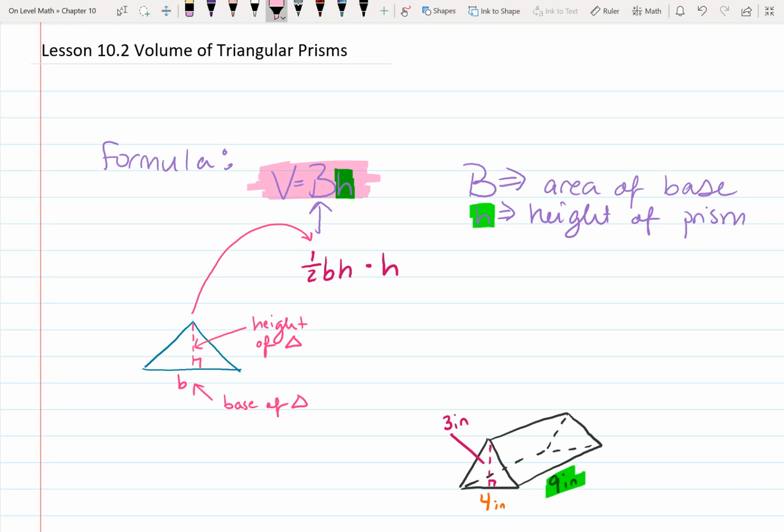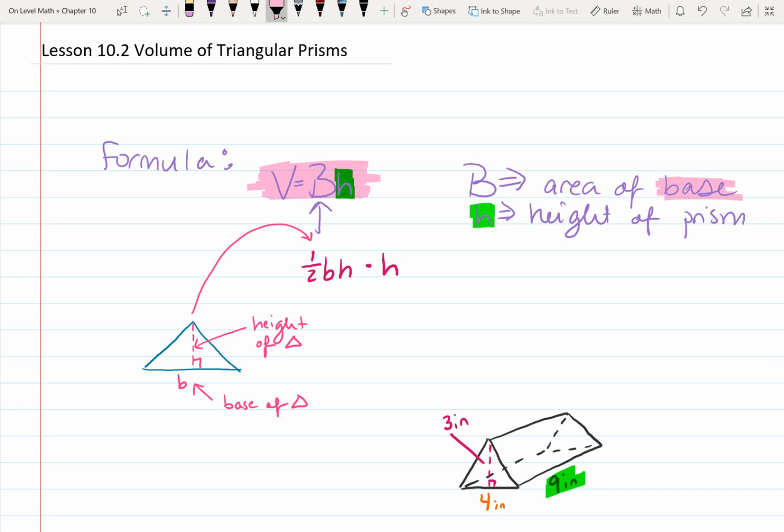Now, the breakdown of that formula changes based on whatever type of prism you're dealing with, because it says area of base. Well, the prism is named off of the base. Triangular prism. Triangle is the base. So area of the base, you need to know how to find the area of a triangle.